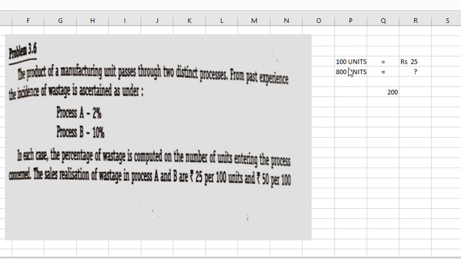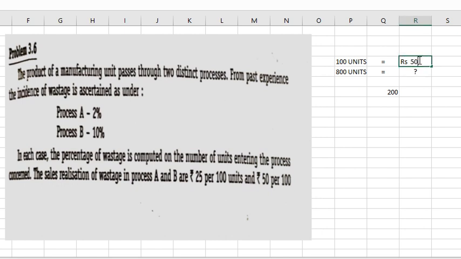For process B, what they have stated here is rupees 50 per 100 units. In the previous process A it was rupees 20.25 per 100 units. Here it is rupees 50 per 100 units. So for 100 units the cost is rupees 50.